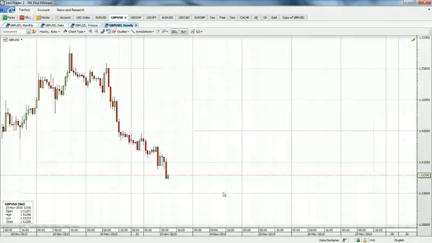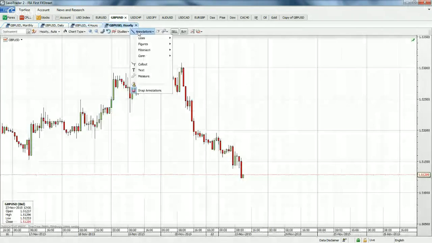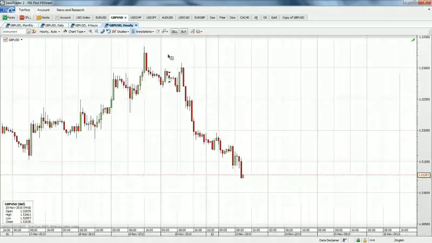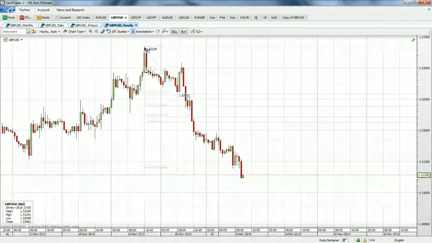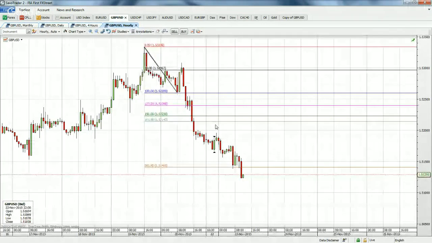And even if we put fibs onto sterling dollar, you can see we've pushed past the 261.8% extension level. In fact, we didn't even pause at 161.8. So the bias remains to the downside. We're trying to sell into intraday rallies. We've got 151.65 and 151.85 as resistance levels.